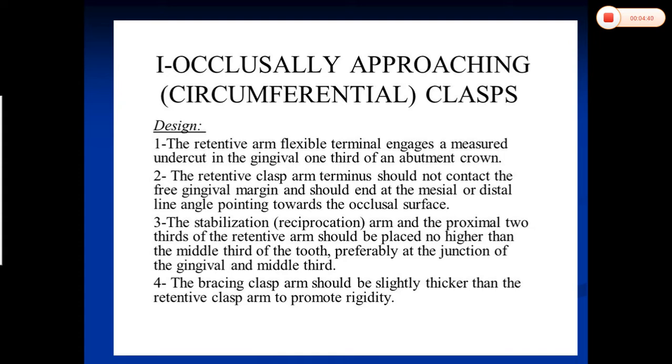Second point, the retentive clasp arm terminal should not contact the free gingival margin. This is very important. Even though you engage the retentive arm terminus in the undercut, it should not go onto the gingival margin, and it should not end at the mesial or distal line angle pointing towards the occlusal surface.